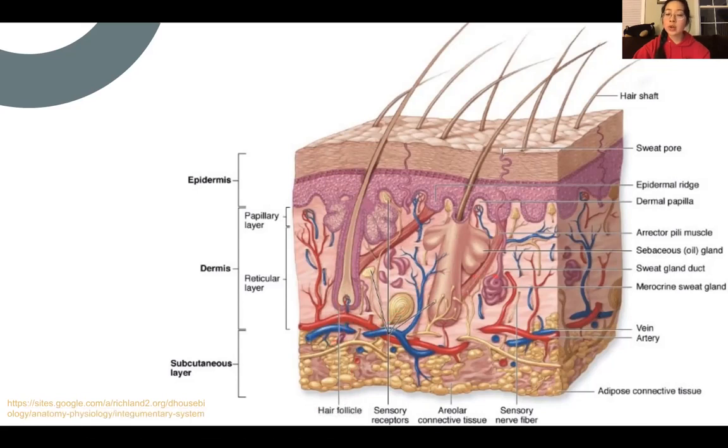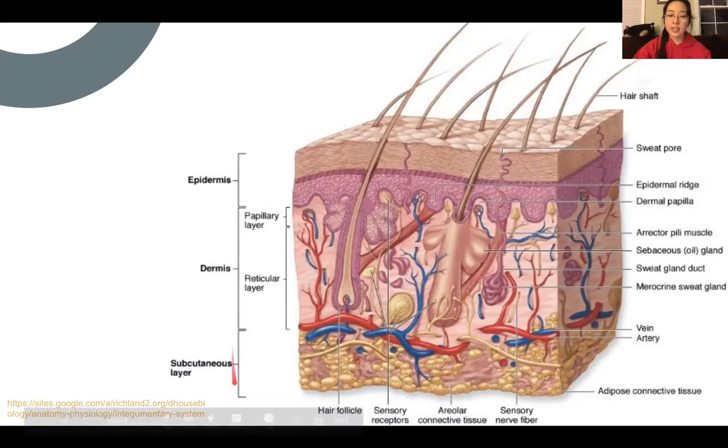All of your glands are also located in this region, like your sweat glands and your sebaceous glands, which are attached to hair follicles. Also attached to hair follicles, you'll have erector pili muscles. These are little muscles attached to the hair root that contract in certain circumstances, such as when you're frightened or when you're cold, and they produce goosebumps by making the hair stand up on end.